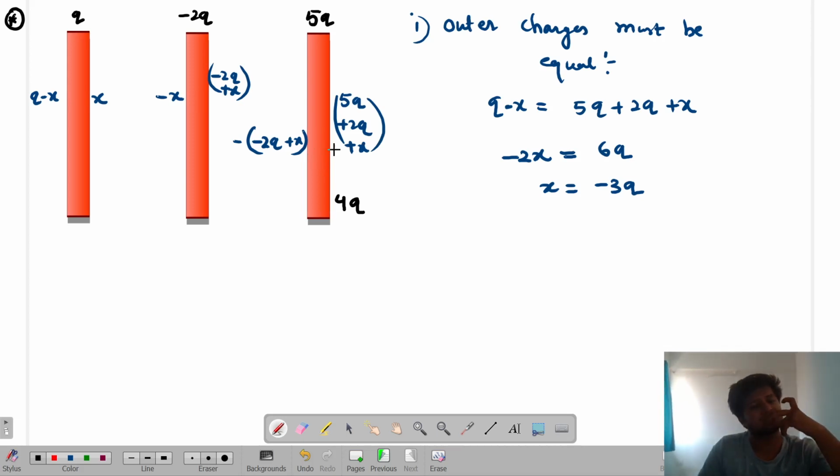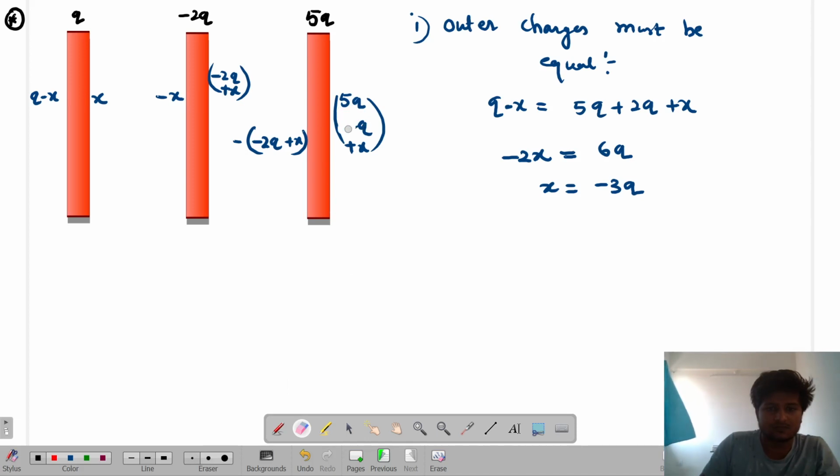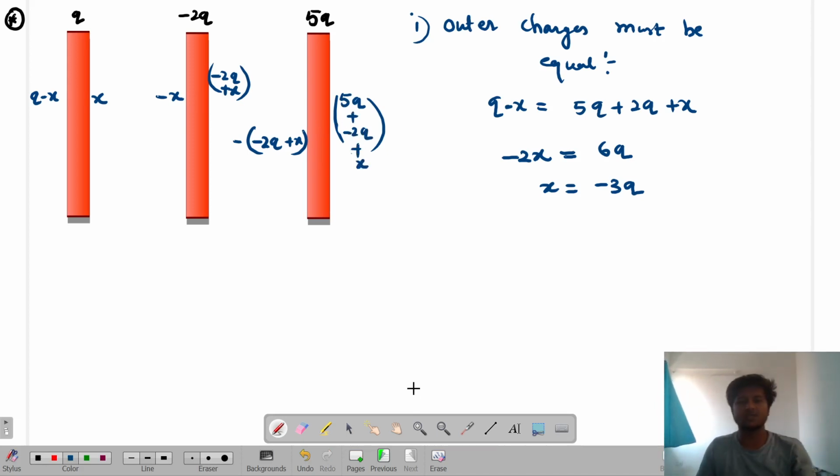Oh sorry, how did I change it to plus 2Q? This minus will convert into plus now. So it is minus 2Q plus x only. Is that clear? Got the idea?